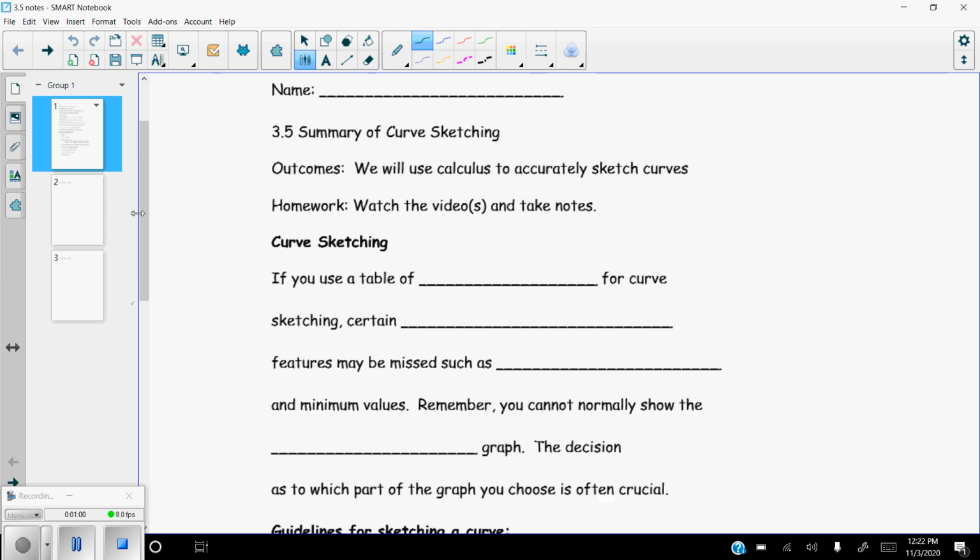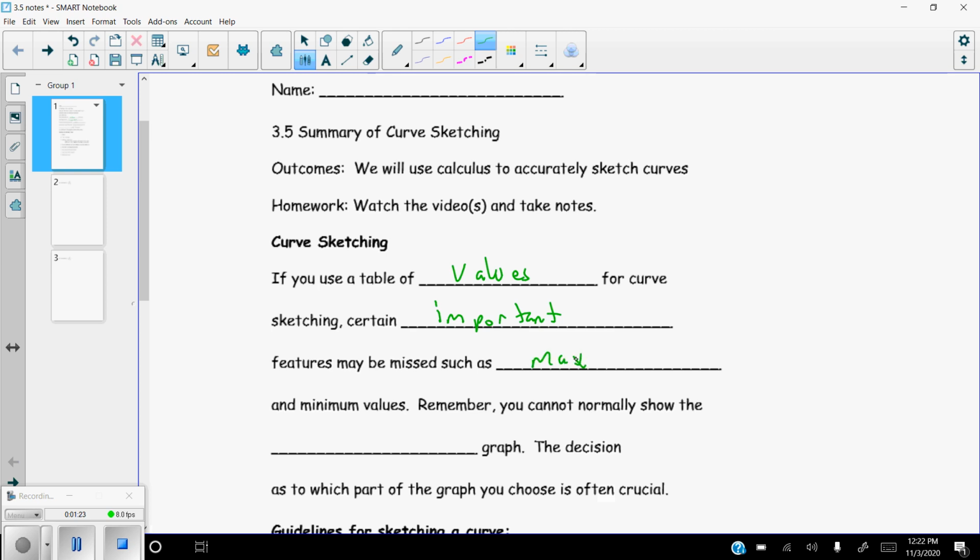All right, so curve sketching. If you just create a table of x and y values for curve sketching, certain important features may be missed, such as max and min values.